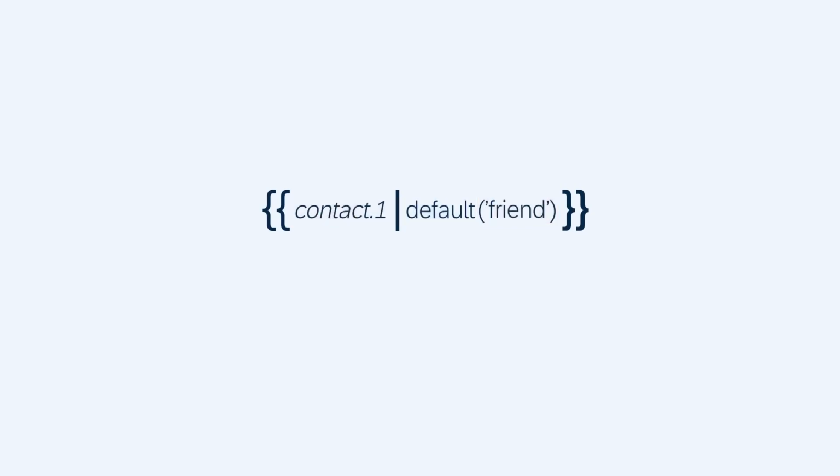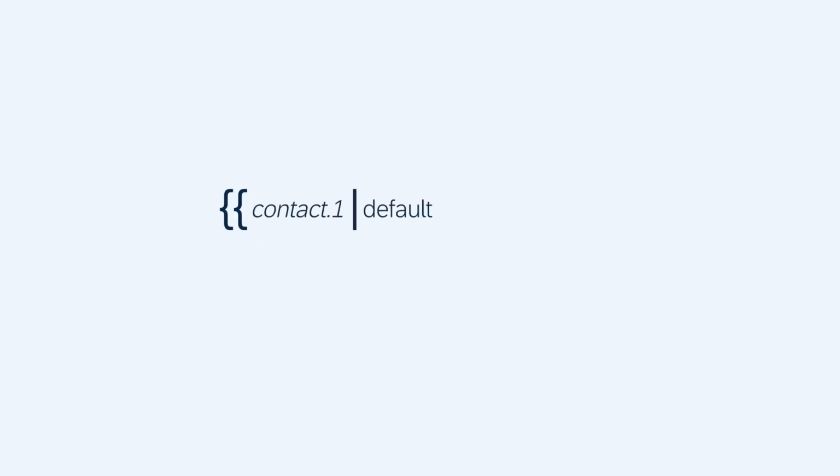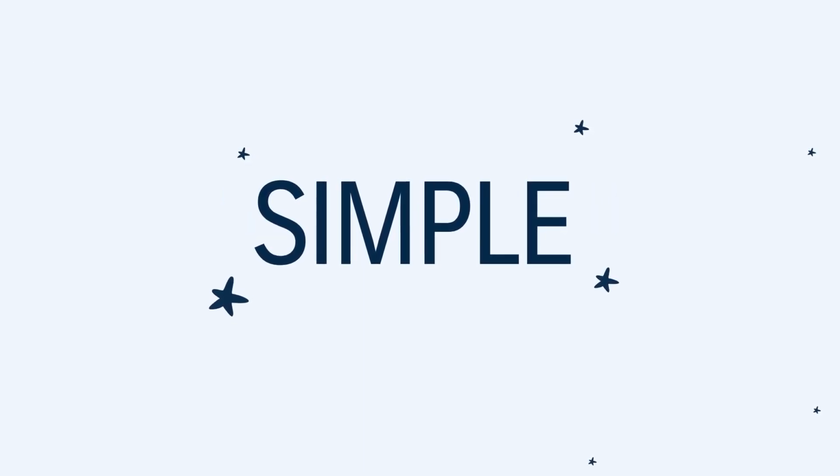It looks like this. If you would like to have more filters for one expression in your HTML-based email, you can combine them easily. To show the value in uppercase and still have a fallback text, type the following. So far, so simple, right?